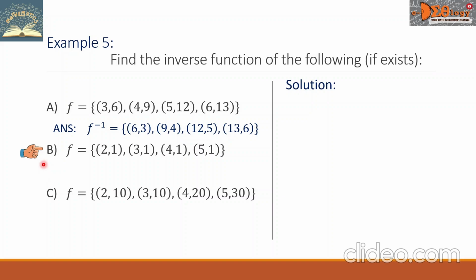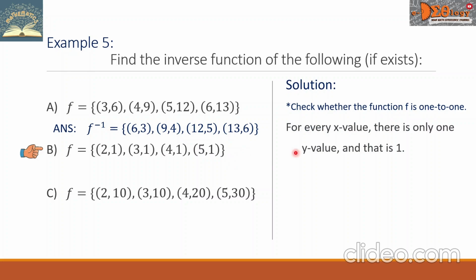We go to problem B. The function f equals, elements are (2, 1), (3, 1), (4, 1), (5, 1). Note that this is a function because of the x values, namely 2, 3, 4, and 5. Now, we are going to check whether this function f is one-to-one.